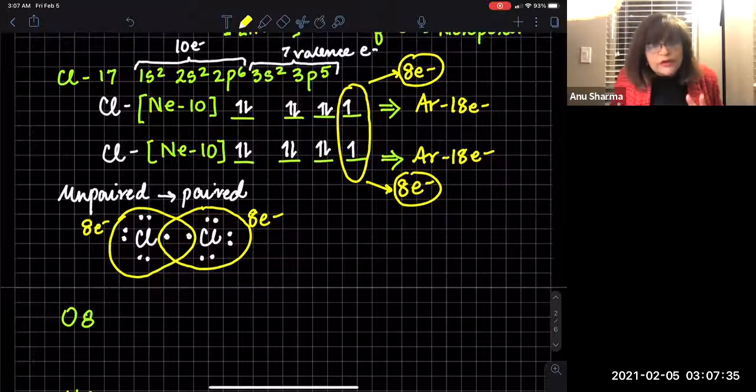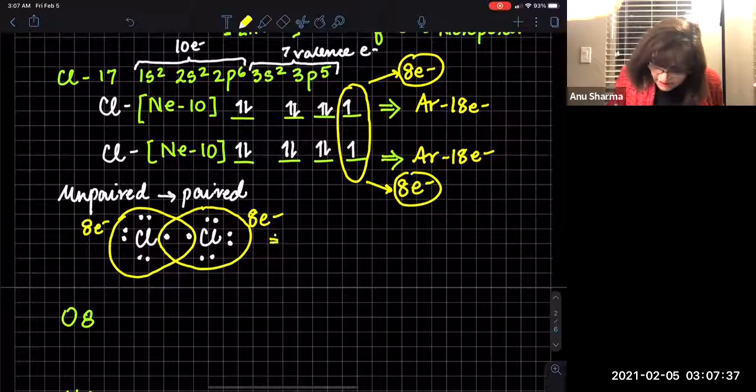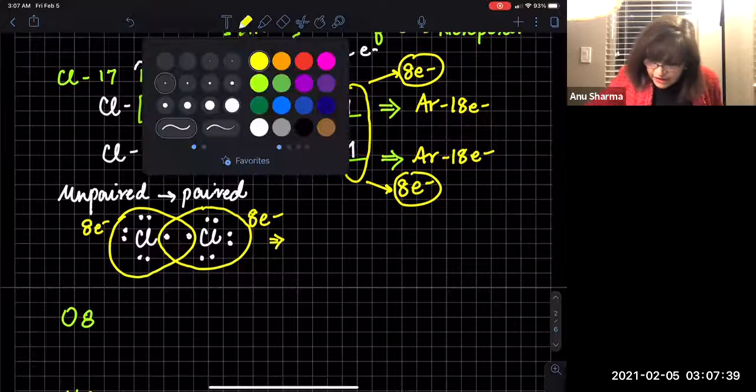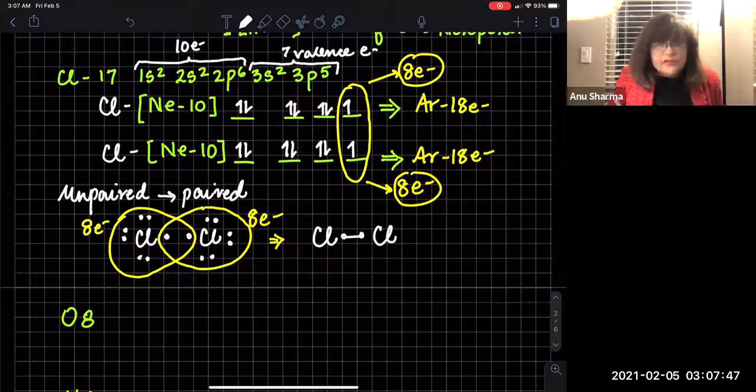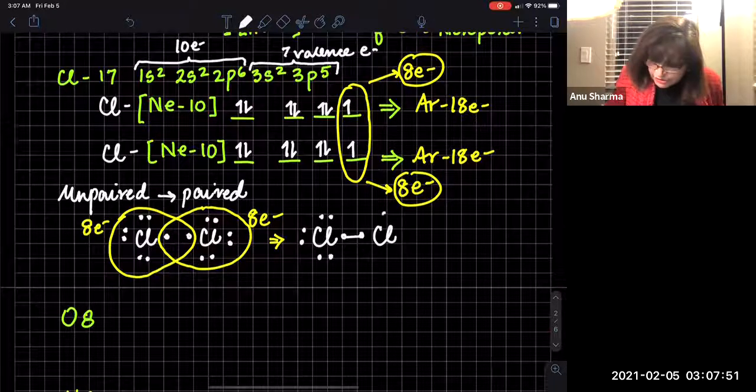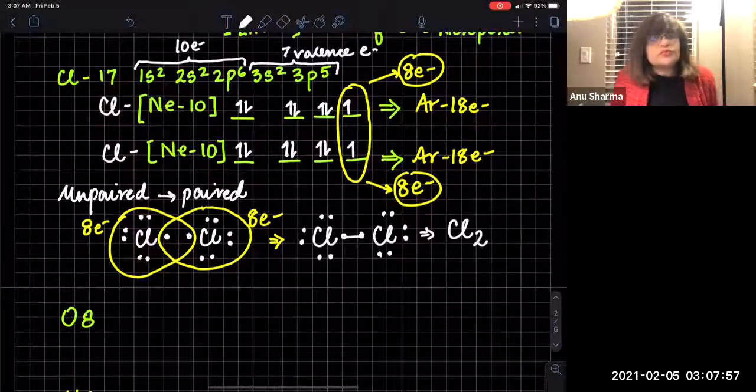And since 2 electrons are involved in this sharing, chlorine and chlorine are now connected with a single bond. So 2 electrons, and like that we show the full molecule. This is Cl2.